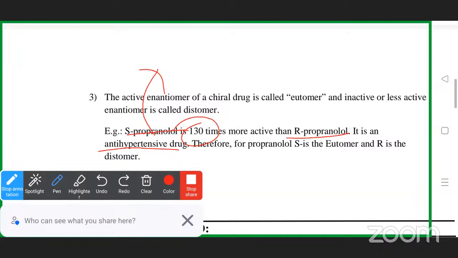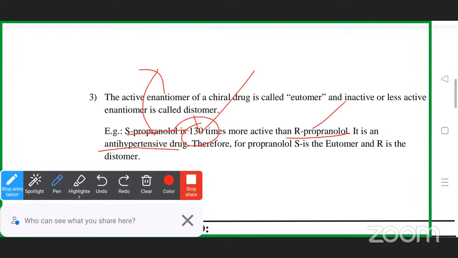So in one isomer, for example, the methyl is oriented on the left side, and in the other isomer the methyl is oriented on the right side. Only due to this difference, the S isomer of propranolol is 130 times more active than the R isomer.